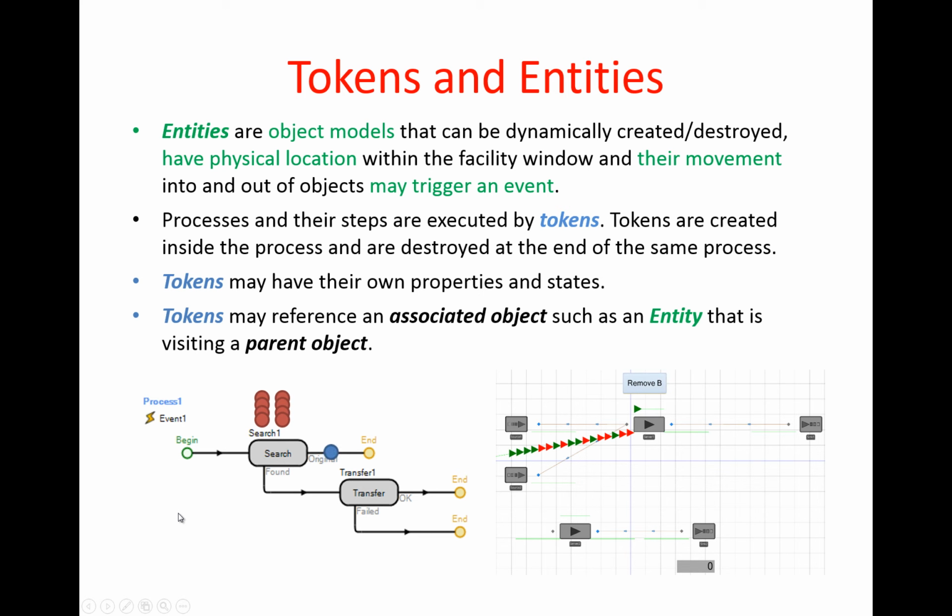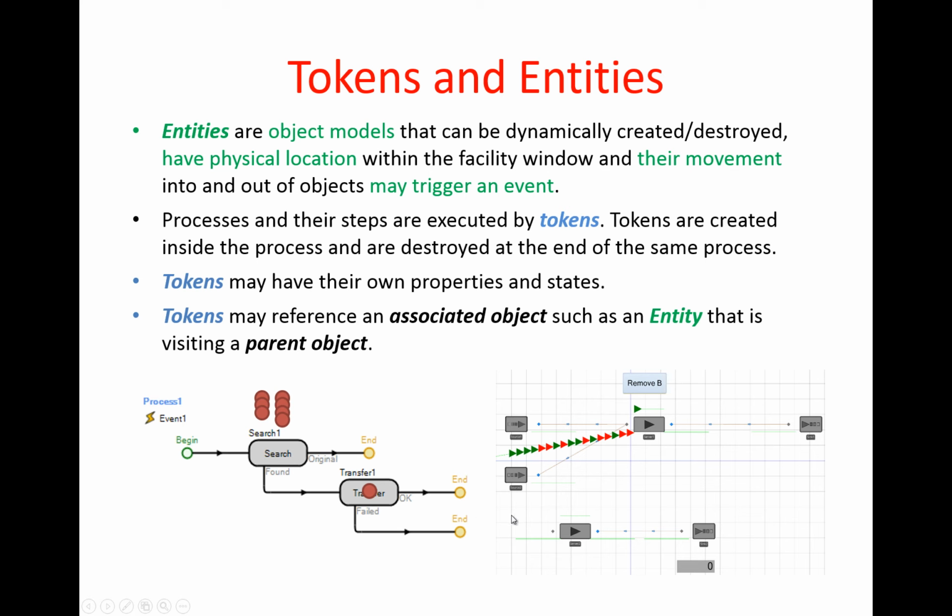The original token will be destroyed in the same process, and it will take the original branch of my search step. Since I'm using the forward search type in my step, I will start processing the token associated with the first entity of type B in my queue, and then I will go to the second entity and so on.